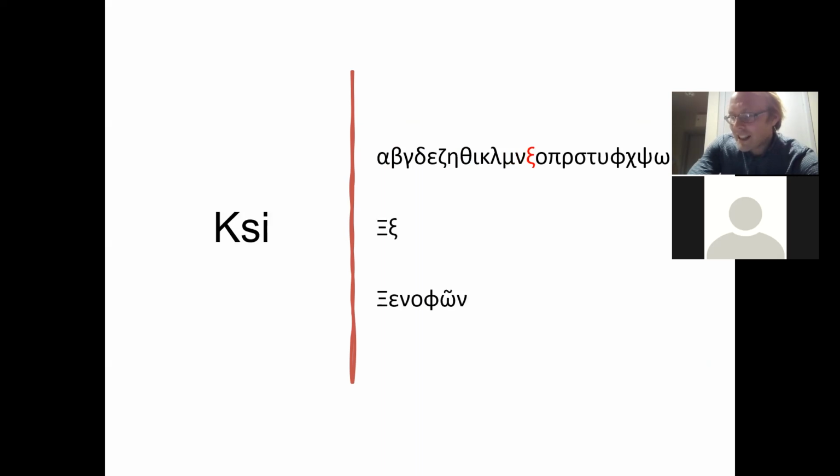The following letter is Xi, which expresses a K and an S sound combined. Xi is the first letter in the name Xenophon, who was one of Socrates' disciples and whose texts are often read in introductory Greek classes. Omicron is pronounced like a short O sound.